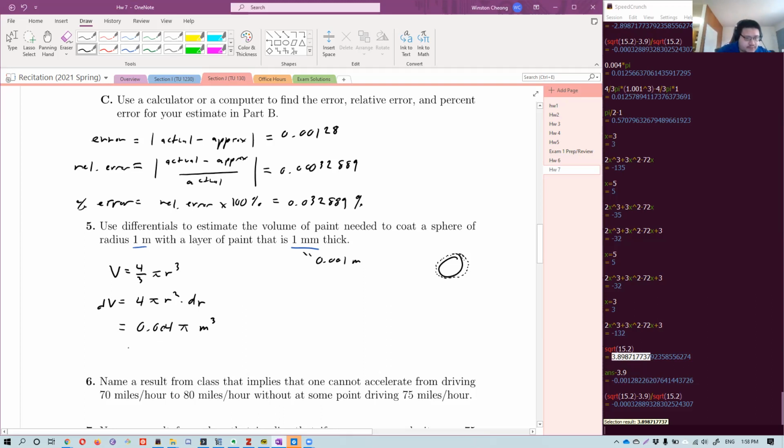Okay. And so what I also did is I went ahead and did a decimal approximation. I'll show you on the calculator. I have a little bit more to show. So I did a decimal approximation, and the reason is I wanted to compare and see what you get if you just plug in volume at 1.001 and then subtract off volume of 1, because that would be the straightforward way of calculating this without using calculus.